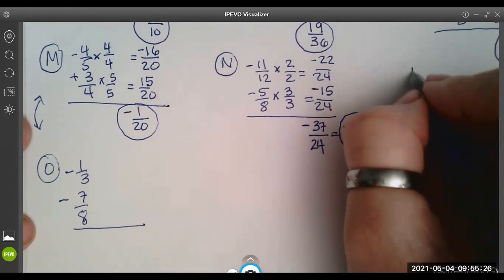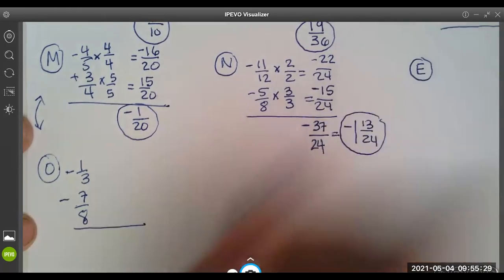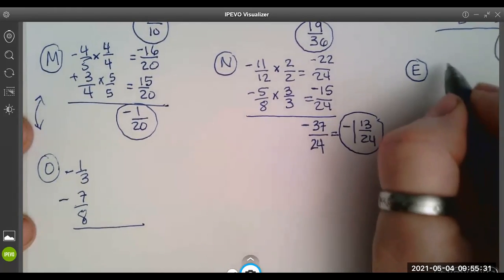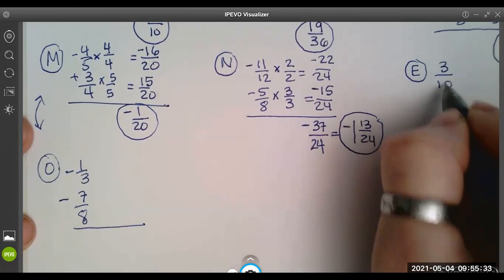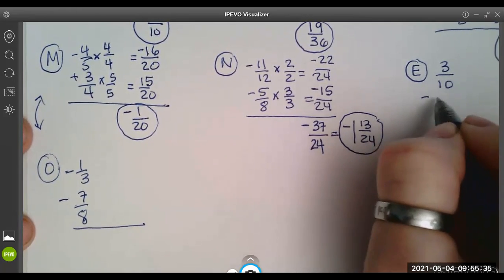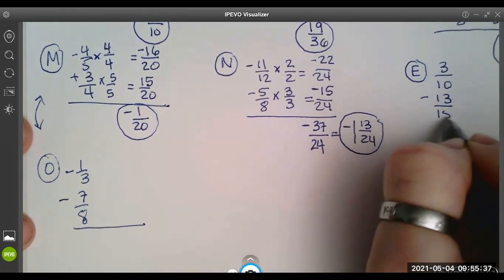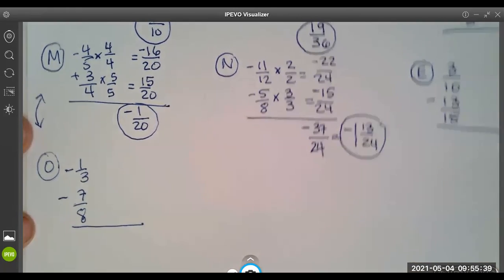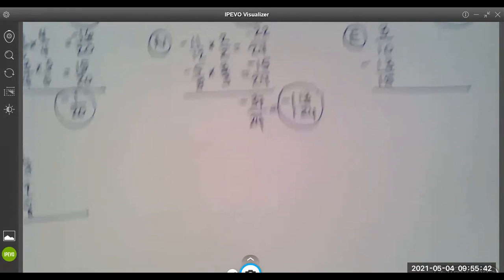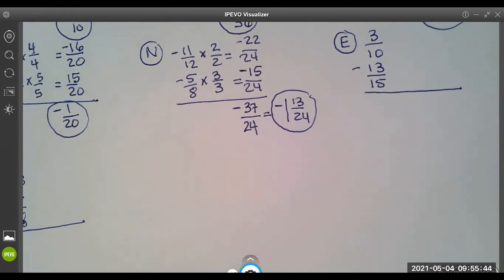Okay, E. 3 over 10 and negative 13 over 15. Okay, so we ask ourselves, take the big one, 15. Does 10 become 15 somehow?